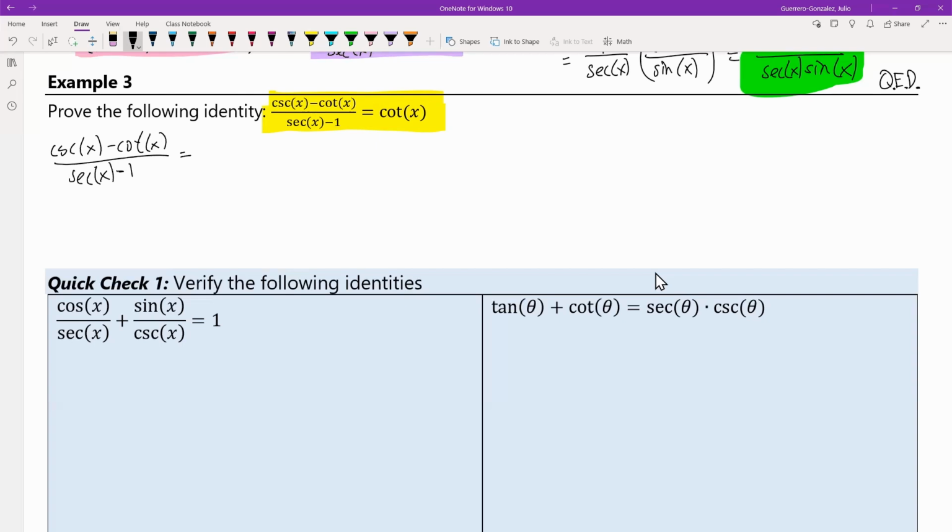As I stated from up above, the easiest thing you can do with all of these is grab all the trig stuff and just change it back to sines and cosines.